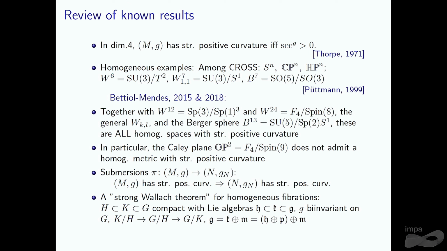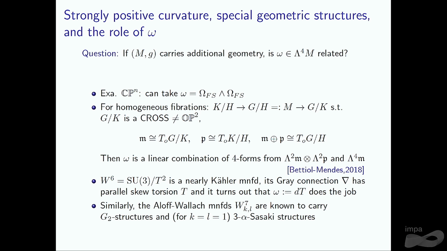And they prove what they call the strong Wallach theorem for homogeneous fibrations, because basically the examples above, the Wallach manifolds, all fit into a nice fibration H in K in G, so that K/H fibers over, no, G/K fibers over G/H fibers over K/H. And then we can play the game between these subalgebras to investigate the curvature properties. Okay, so that's what they have.